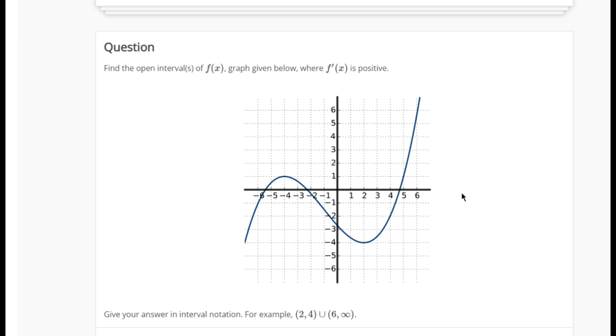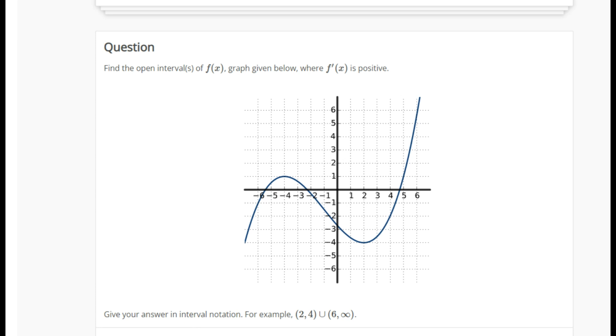Find the open intervals where f prime is positive. Okay, well, it's negative between -4 and 2. If it's negative between -4 and 2, it's positive outside of between -4 and 2.